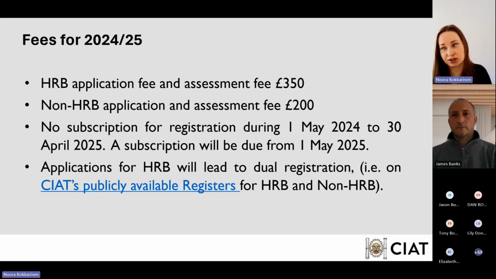And for this current subscription year, which runs until the end of April 2025, we will not actually be charging any subscription fees. This is purely to determine how much resource running these schemes will take. And then once that is decided, that will be in force from the 1st of May 2025.